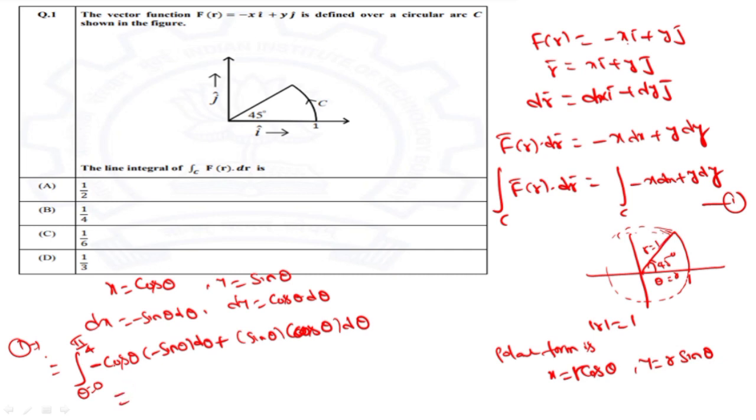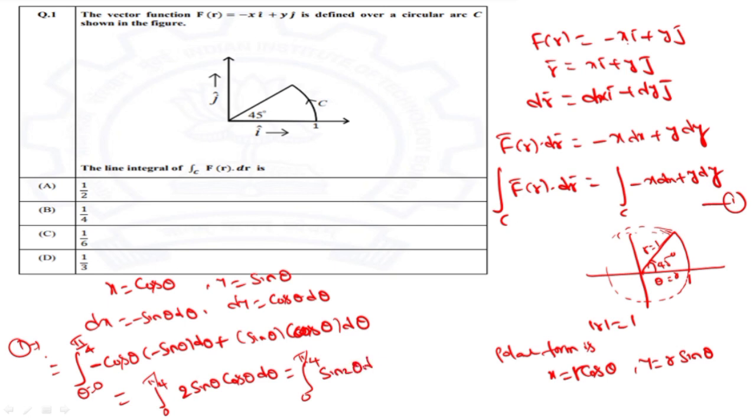Minus into minus is plus, so this is nothing but 2 sin theta cos theta d theta, which is sin 2 theta.